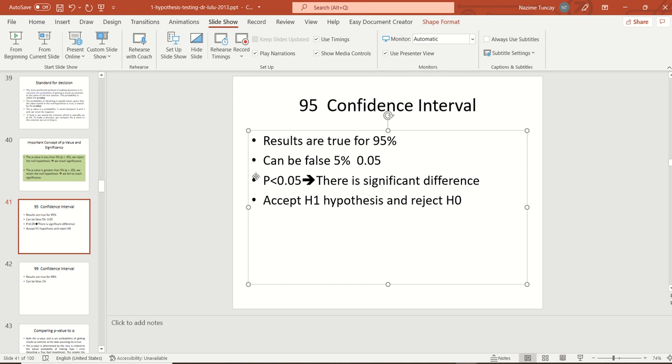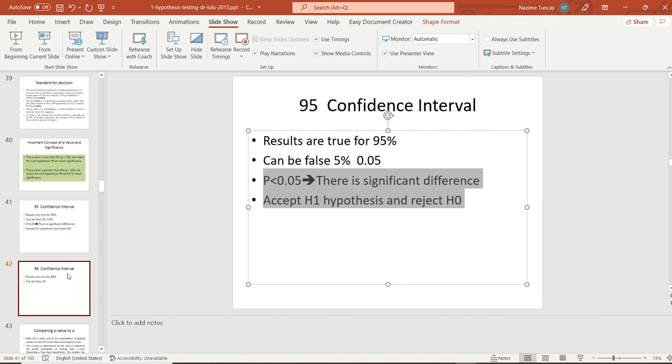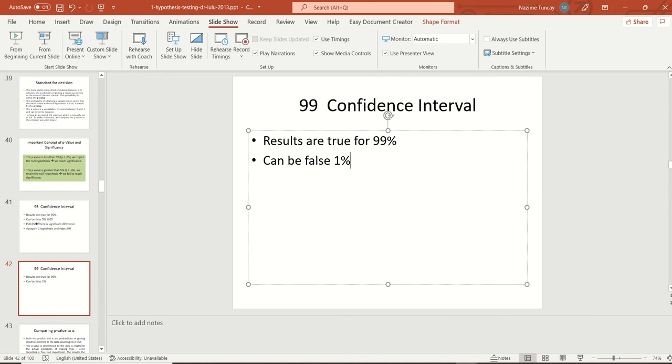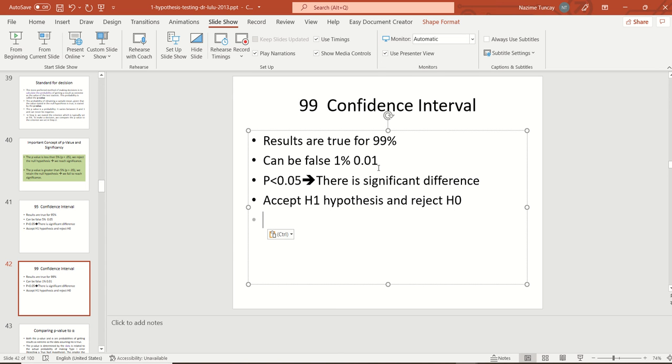So this is the p-value here, and this p-value is 0.01. As a result of this test, if we find a p-value smaller than 0.01, then we say there is a difference, and we accept the H1 hypothesis and reject H0.